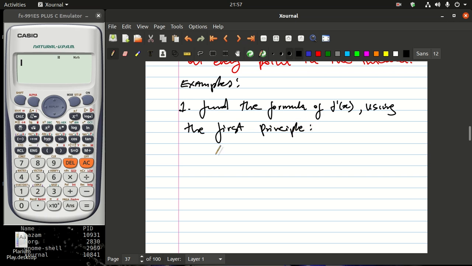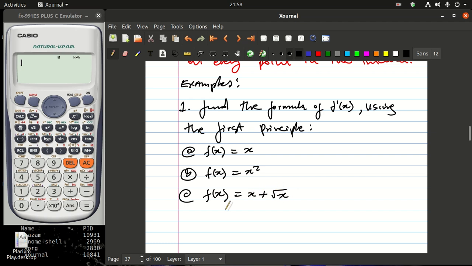A says that f of x is equal to x, B says f of x is equal to x squared, C says f of x is equal to x plus square root of x, and D says f of x is equal to the absolute value of x.